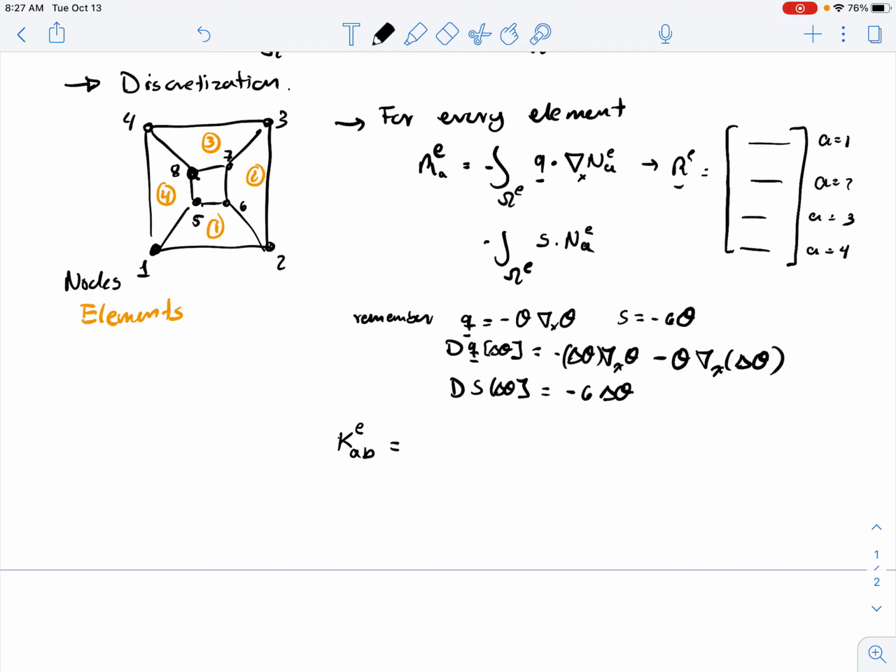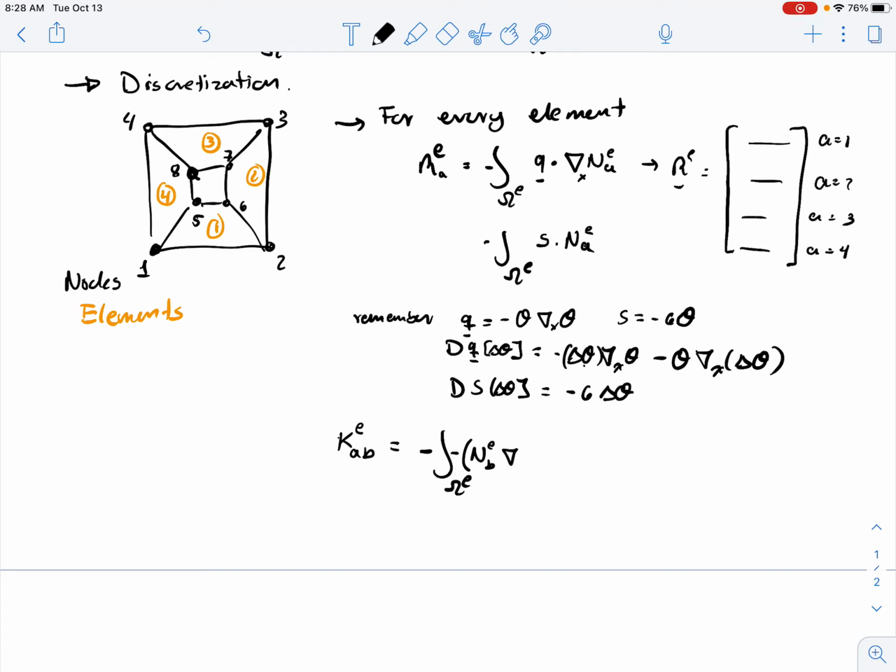So when you end up here, it's going to be the linearization of q, which is this, minus the integral of omega e, linearization of q, which is minus the increment. But as I said, once you plug in the definition of the increment as the sum of shape functions times nodal values, and you take the nodal values out, this one will just leave a shape function in.